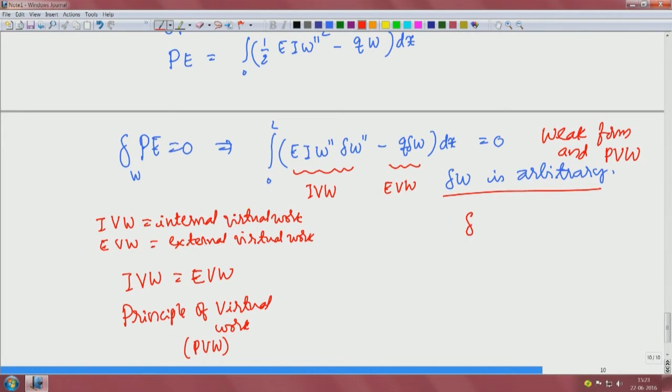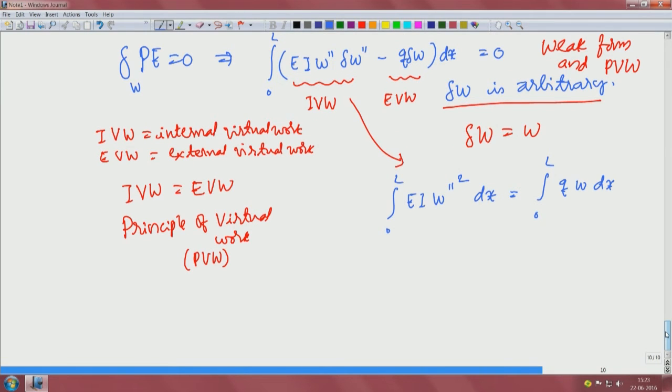When it is arbitrary, let us say at equilibrium this must be true, let us take it as W itself. Okay. When we do that, what this gives us is 0 to L E I W double prime, delta W double prime is W double prime, so that becomes square, dx is equal to 0 to L q into delta W dx. Okay. Now, if you see what is potential energy here, we can put half and half.